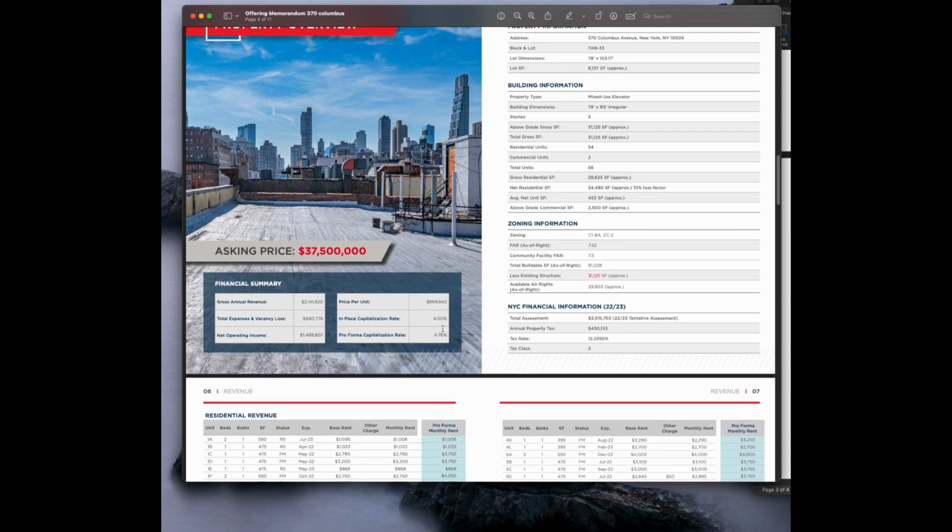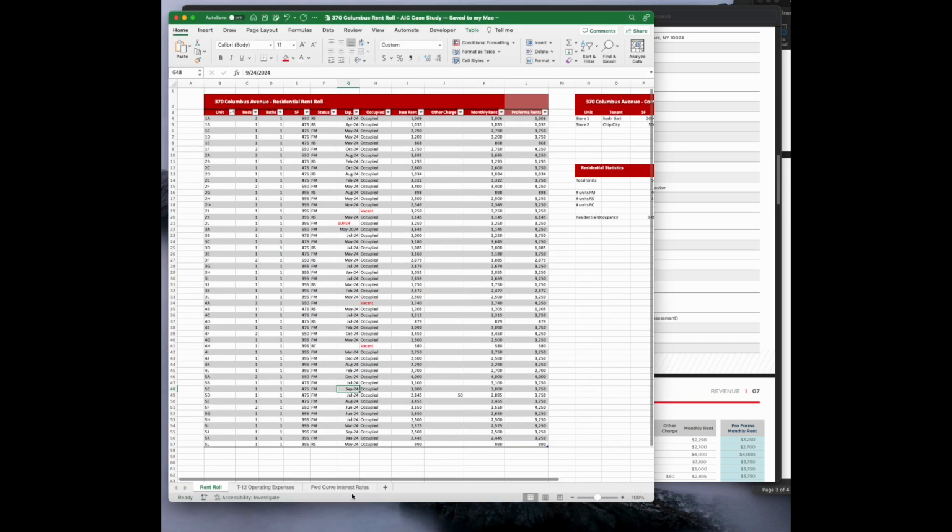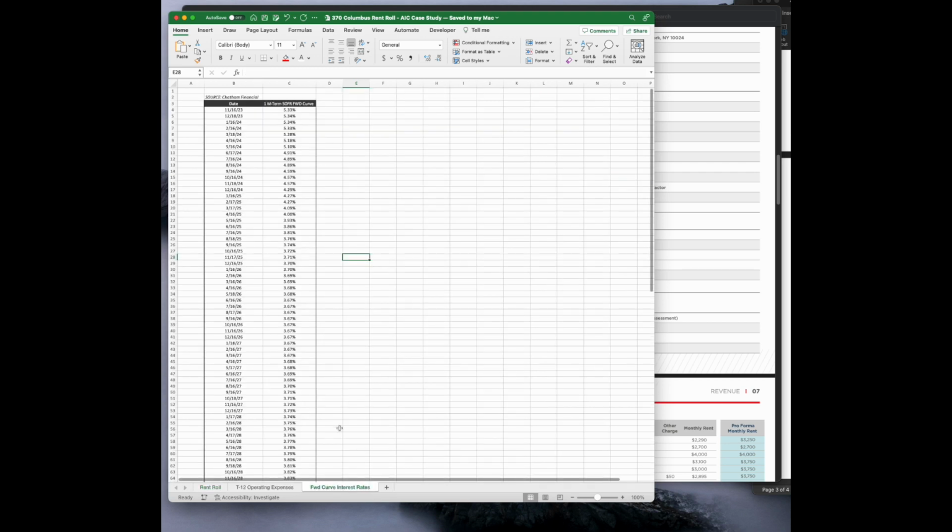Based off the term sheet that we received, it's going to be SOFR plus 3%. If you look at this rent roll that I will send to you guys, forward curve interest rates today's 5.33%. So it's going to be SOFR plus 3.5%.